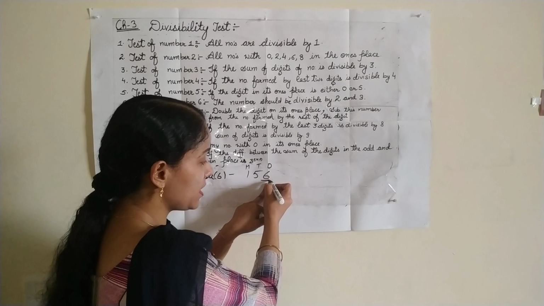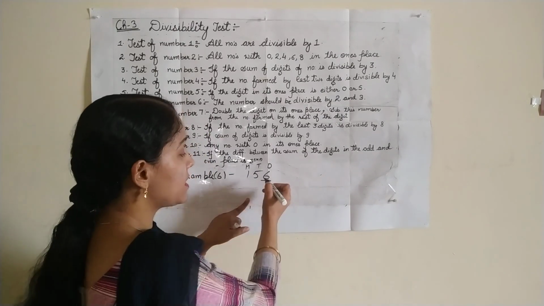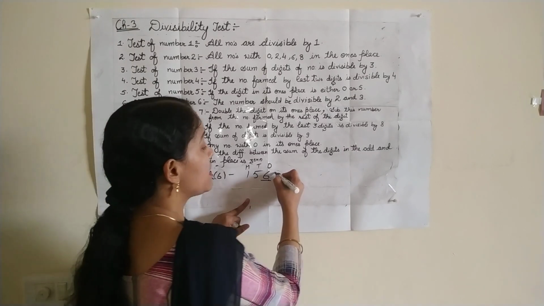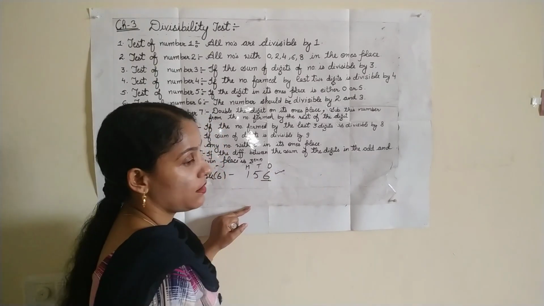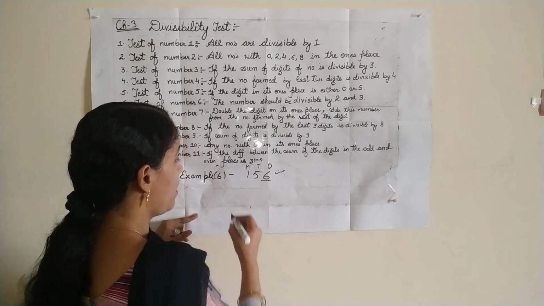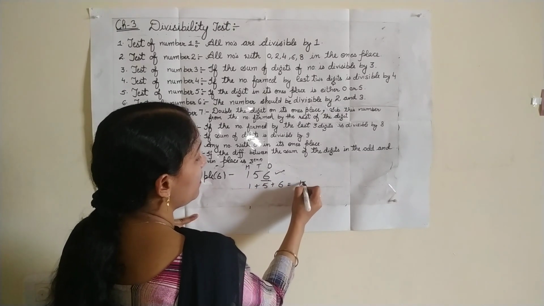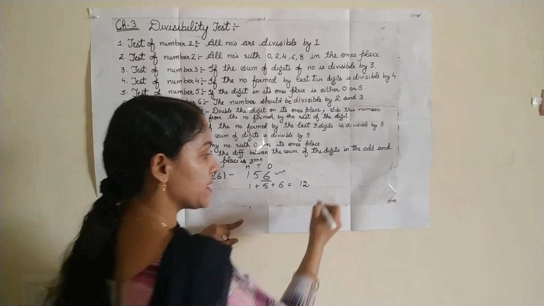This digit is 6, so this number is divisible by 2. After that, on adding the digits, we get 12. 12 is divisible by 3.